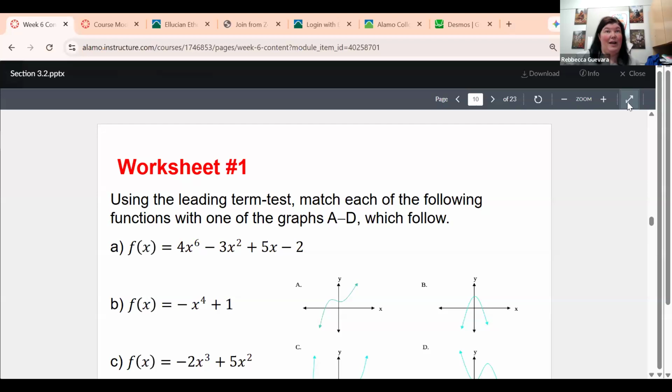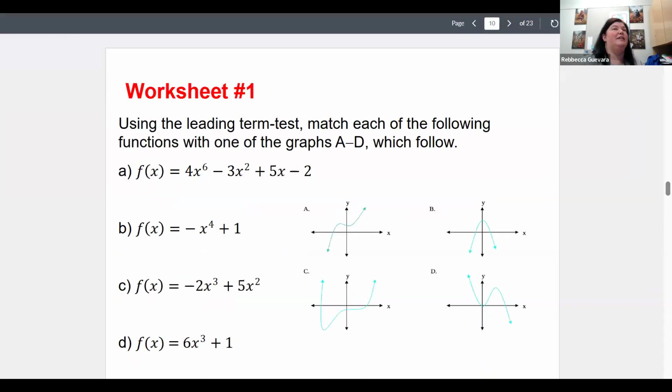So without graphing, use the leading term test or your leading coefficient test to match each of the following to one of these graphs. You have 4 equations and 4 graphs. Like I said, worry about that leading term, the one with the highest power, because that is going to tell you the overall behavior. If you know what the end behavior is, you can identify the correct graph.